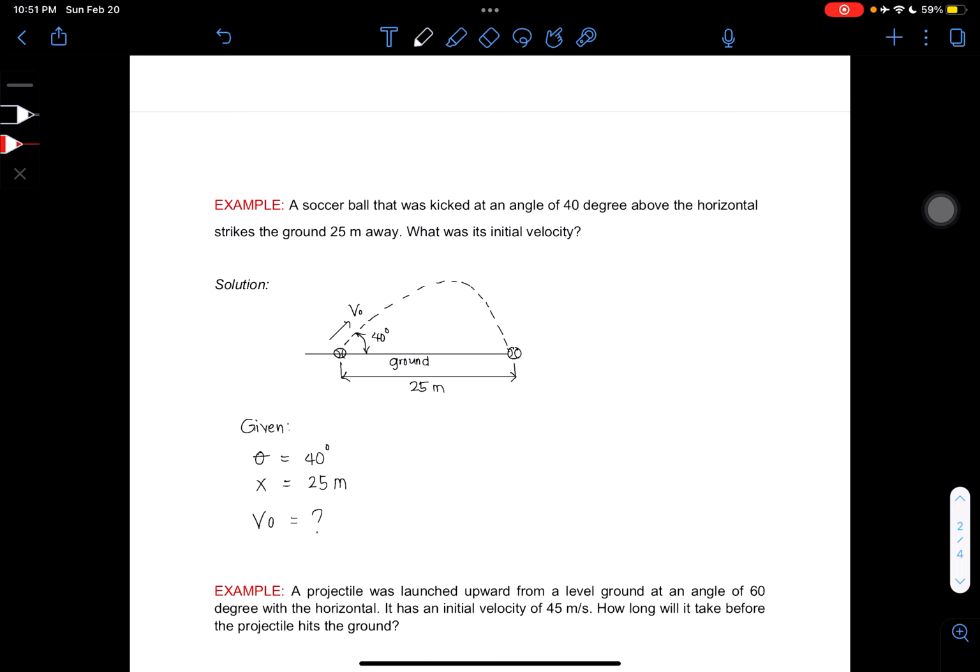So to solve this, we need to take note that at the final point of the travel of our soccer ball, the elevation of our y, of the ball, is 0.